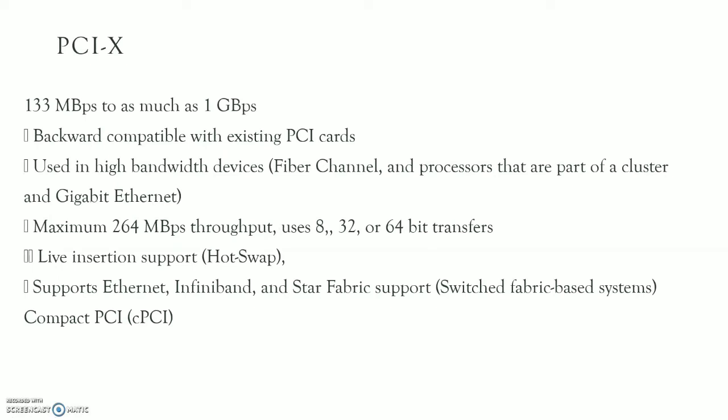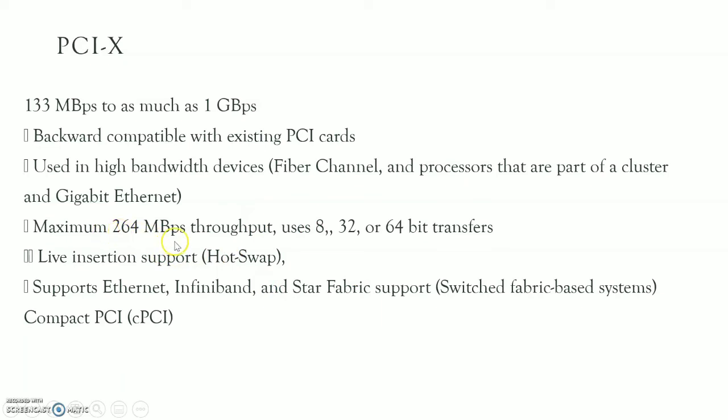Next, let us discuss about the PCI X bus standard. So it's actually the extended version of PCI bus. Okay. So here the features are, it can have up to 133 megabits per second, and it will go up to 1 gigabits per second also, that is the throughput. Now it is again backward compatible with the existing PCI standard also. It is used in high bandwidth devices like fiber channel and the processors that are part of a cluster and gigabit Ethernet. That is for Ethernet communication and all, we use the PCI X bus.